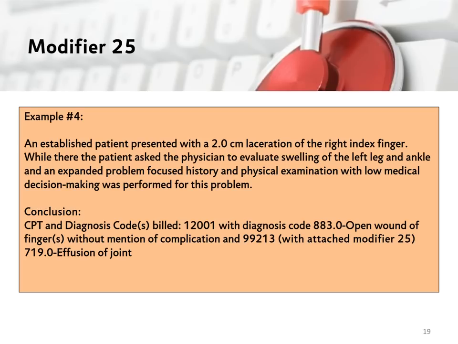So in this case, we would bill the 12001 with a diagnosis of 883.0, open wound of the finger, and we would also bill procedure code 99213 and append the modifier 25 with a diagnosis of 719.0, effusion of the joint. We would be able to append the modifier 25 appropriately, because again, both procedures are separately identifiable.